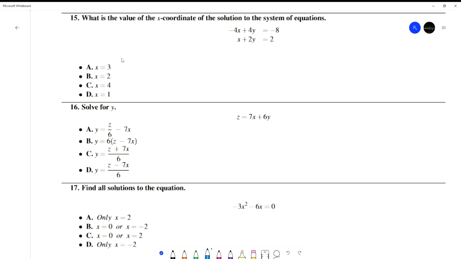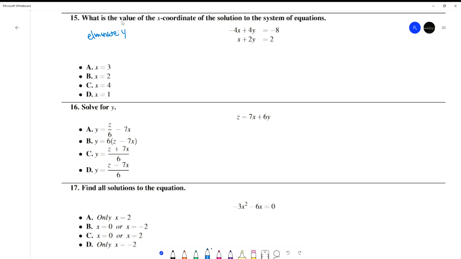Okay, so I see that we have a two-variable linear equation, system of equations, right? We should determine which variable I want to cancel out. So you notice all my answer choices are x equals, right? So that means eliminate y.